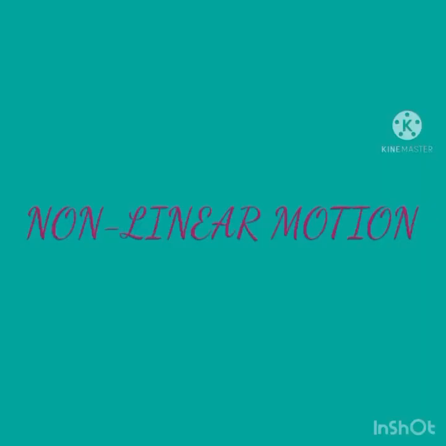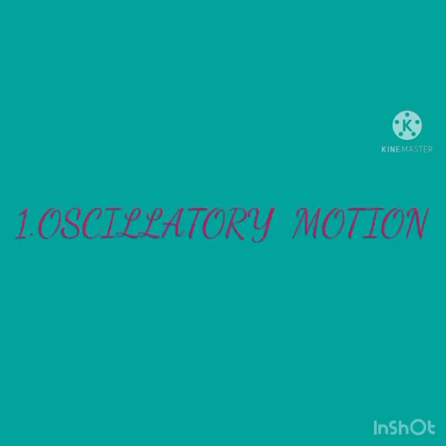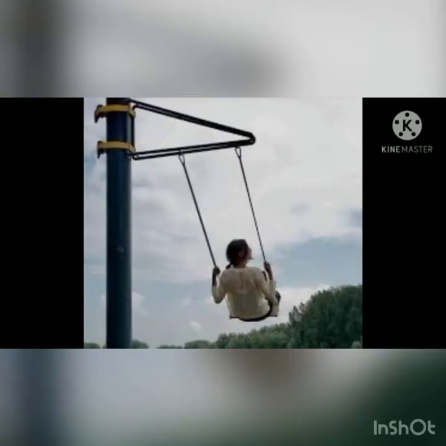Now another type of motion is non-linear motion. As you already know, it is not in a straight line. Okay, it also has subtypes. The very first one is oscillatory motion. Students, I hope you remember this motion as we had talked about the swing.